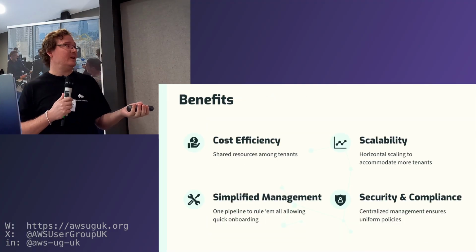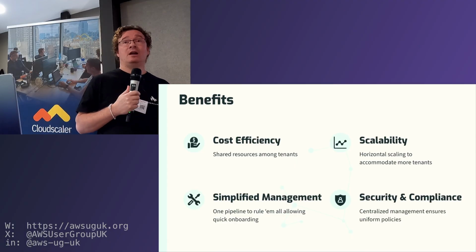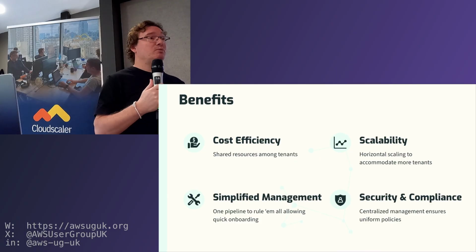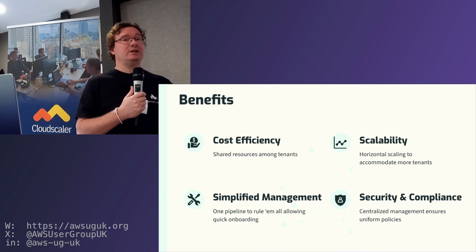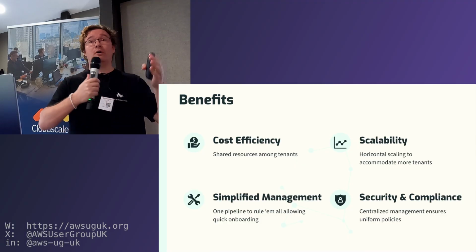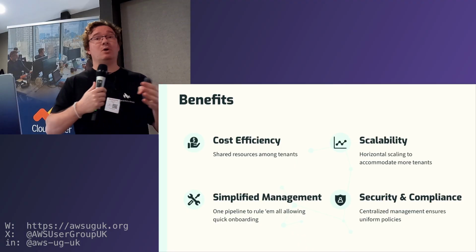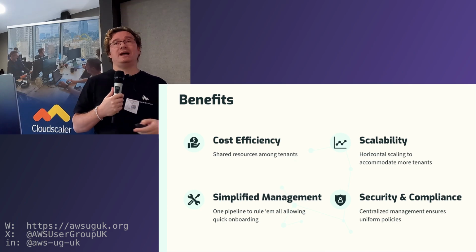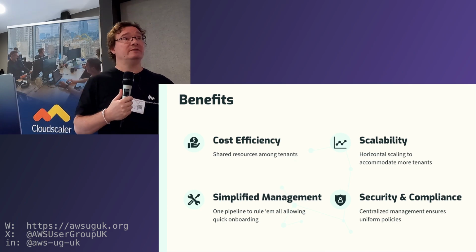What are the benefits of this kind of solution? So first, it's cost efficient. Why? Because we have one single unit of that, and when we're scaling horizontally, we're not scaling individually for a particular customer, tenant. We're scaling on the overall platform. The higher the demand of all of them combined, the more we need to scale. It simplifies the management. We're probably going to have a single pipeline that coordinates the deployment of this whole stack.